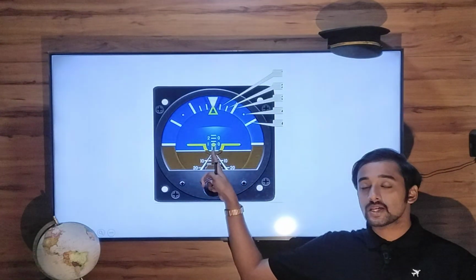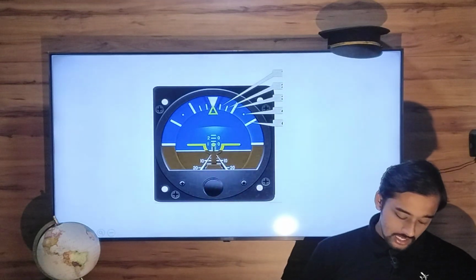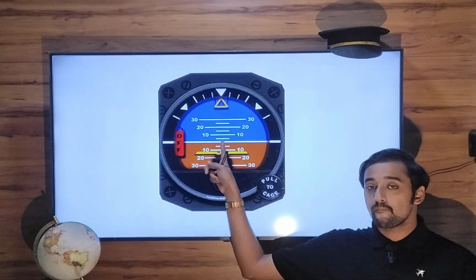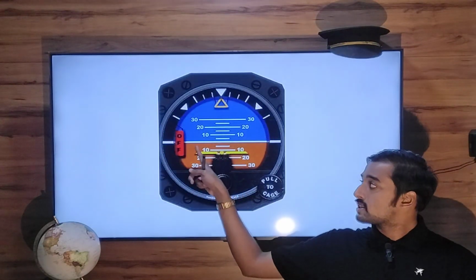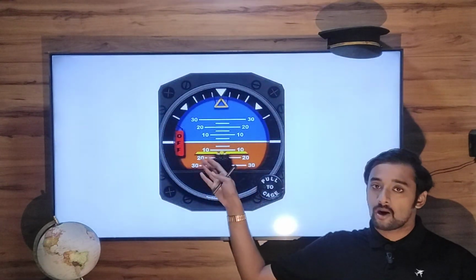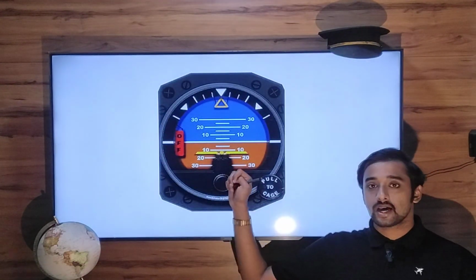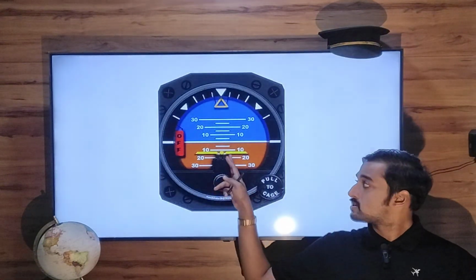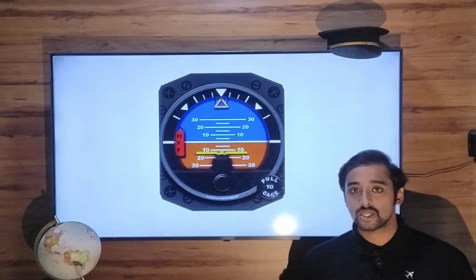So this represents a climbing attitude. In case of descent, that aeroplane symbol will go below the horizon in the brown shaded area. So brown area is your ground, blue is your sky. So during descent, your attitude of aircraft will be towards the ground. So this is your pitch down attitude.